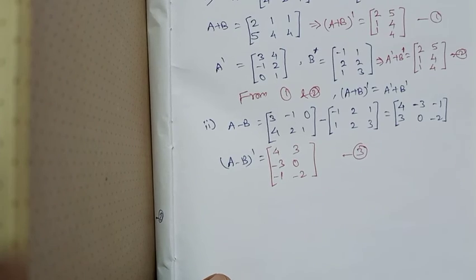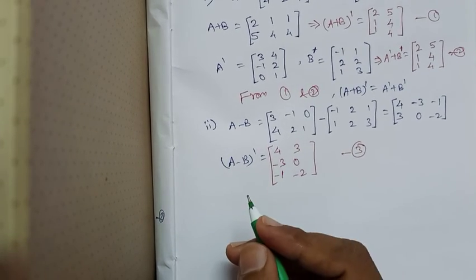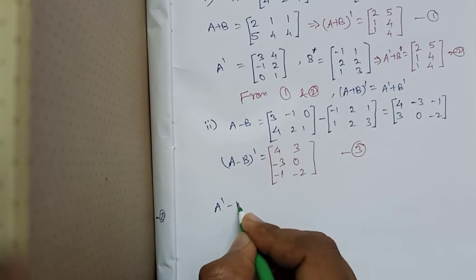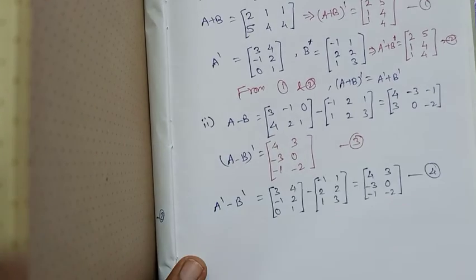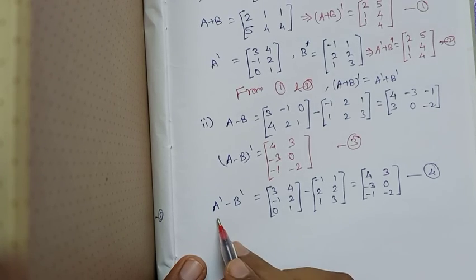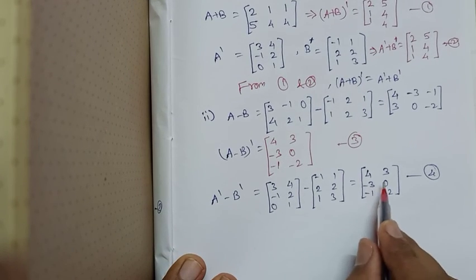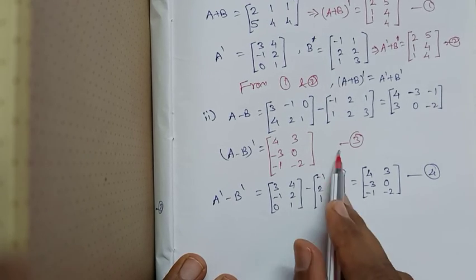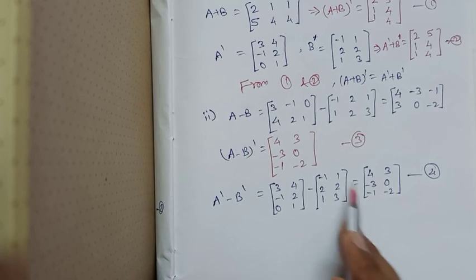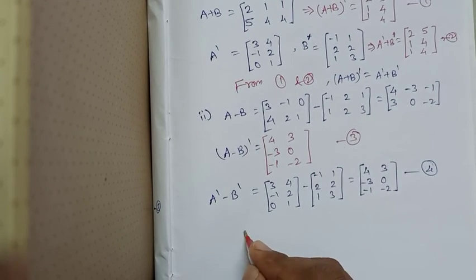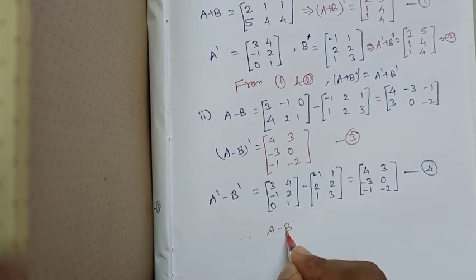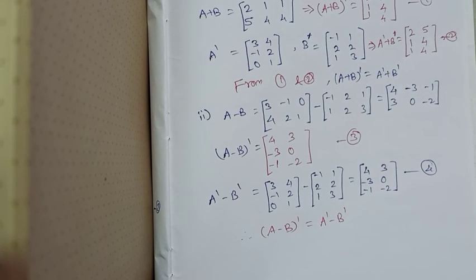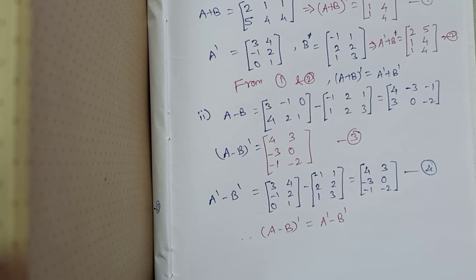Next, find the right hand side, A transpose minus B transpose, which equals this matrix. Verify the result, 3 and 4. We are comparing 3 and 4. The matrices are the same. Therefore, A minus B whole transpose equals A transpose minus B transpose, is verified. Thank you all.